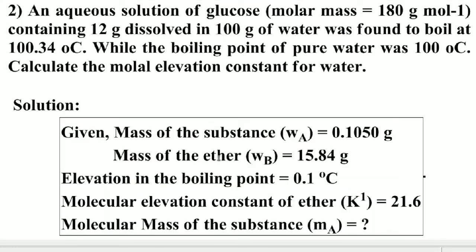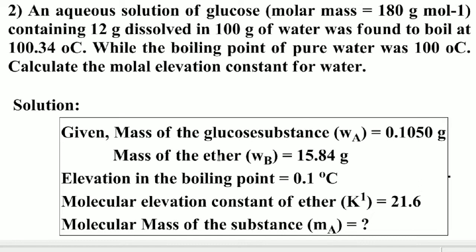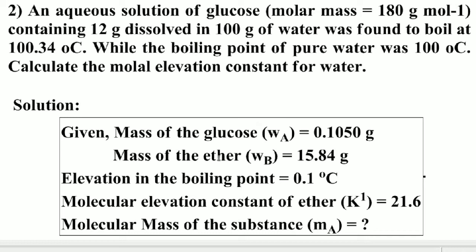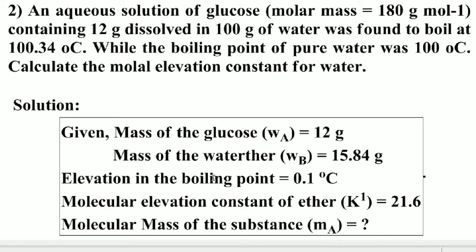In the above problem, solute is glucose. So the given mass of the glucose, that is the solute, WA is equals to 12 grams, and the mass of the water, that is the mass of the solvent, is given as 100 grams.